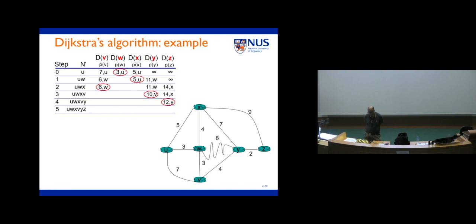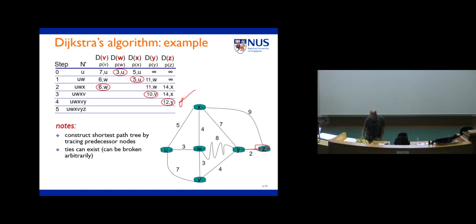Okay. So how would I find the path to any destination that I want? Basically you start with the destination and then you construct the path by tracing the predecessors. So let's take Z as an example. I go to the table, it says the predecessor node is Y. So from here I should go to Y. Then I check the predecessor node for Y, it says V. So I should go here.